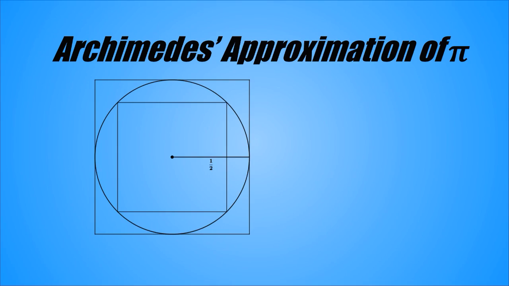So let's gather our results. Here I've drawn our circle with both the circumscribed and inscribed squares. Remember, the circumference of the circle is pi, and we can clearly see that the perimeter of the inscribed square is less than the circumference, and the perimeter of the circumscribed square is greater than the circumference. Plugging in the numbers, we get this inequality here.